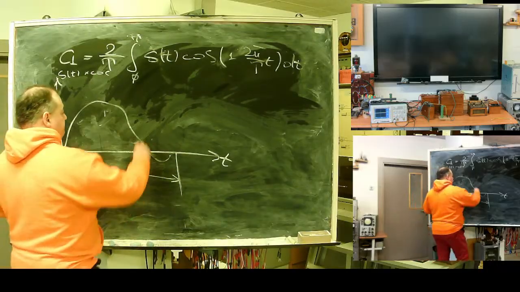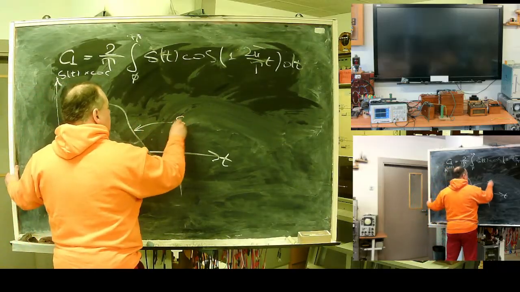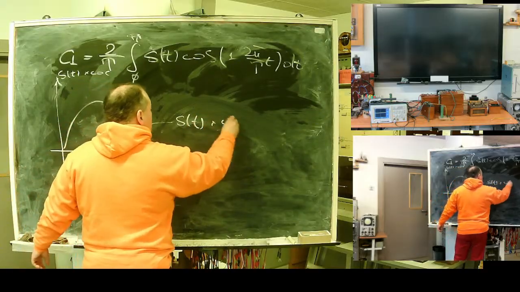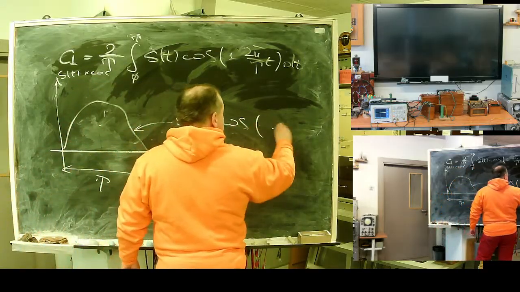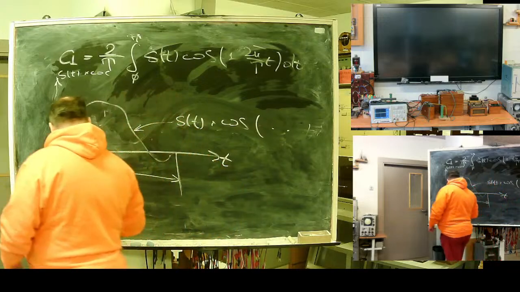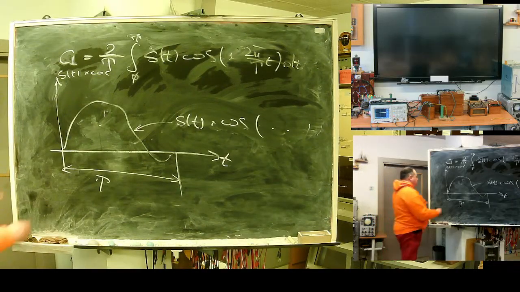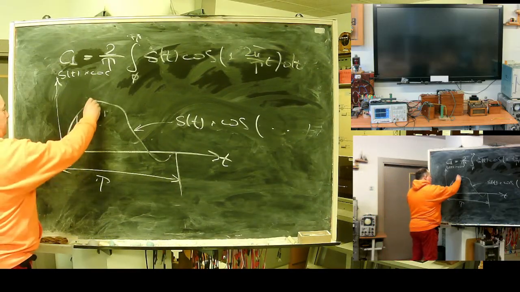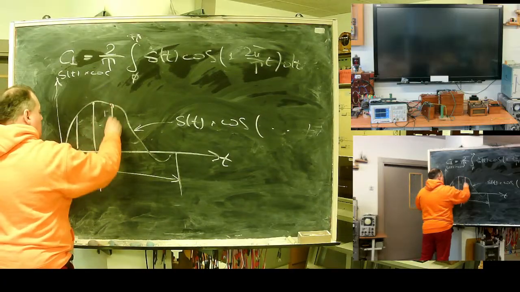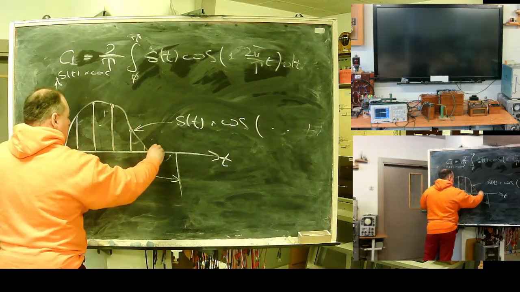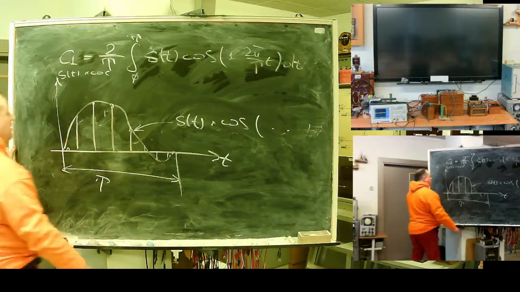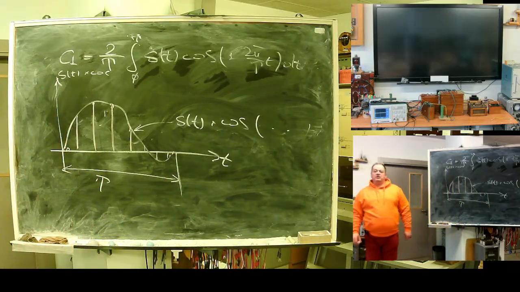The white line is the signal multiplied by cosine, but what did I start with? My signal is in discrete time. I don't have the full values of the signal.